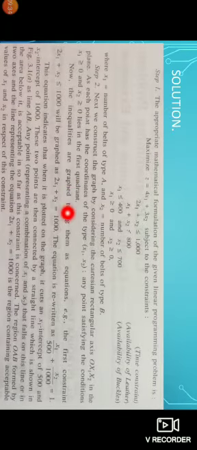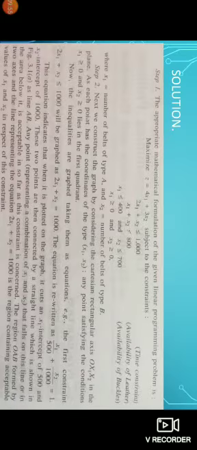That means 2x1 plus x2 is equal to 1000. The equation is rewritten as x1 by 500 plus x2 by 1000 is equal to 1. This is the first constraint solution.